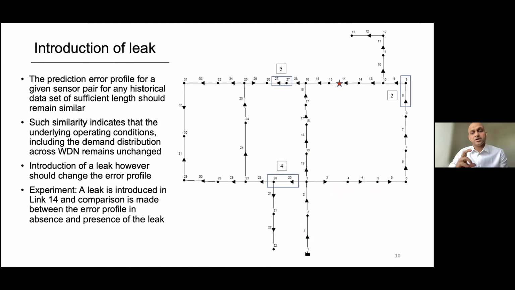But the underlying thought which we are presenting today is that this error for any given sensor pair should remain similar over time if the underlying parameters which are driving the whole flow don't change.